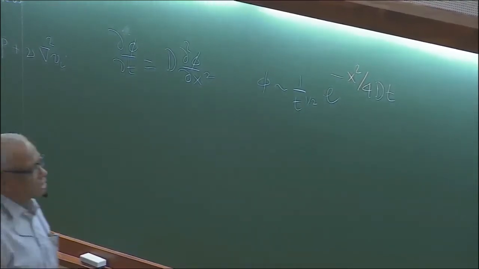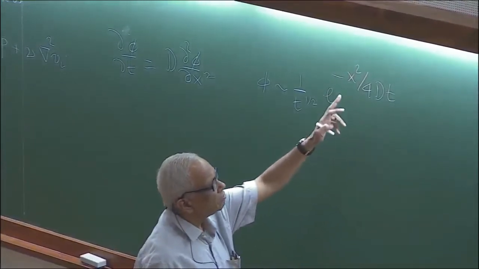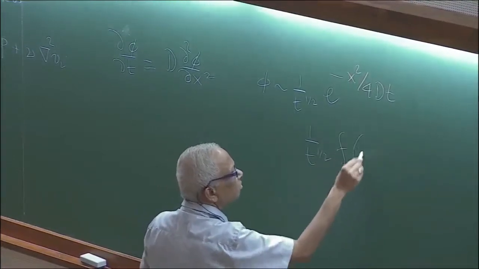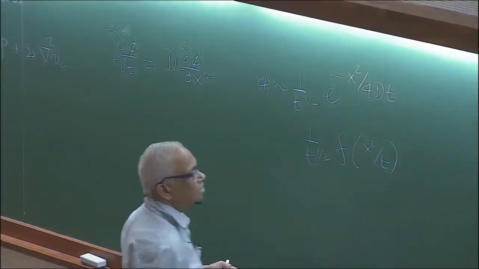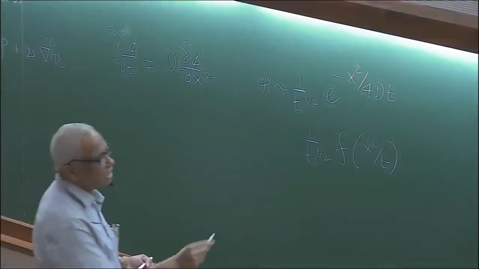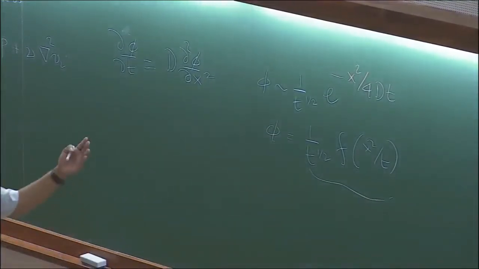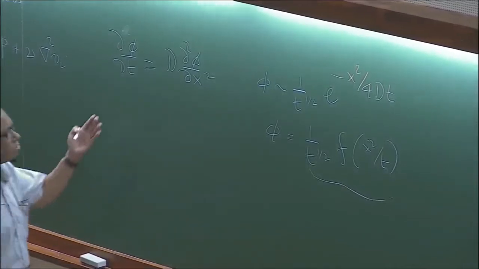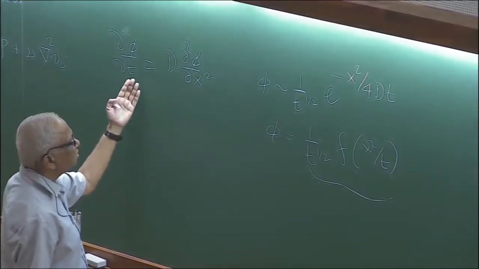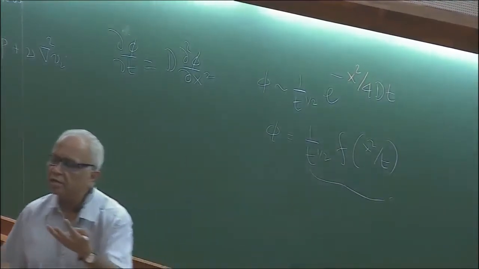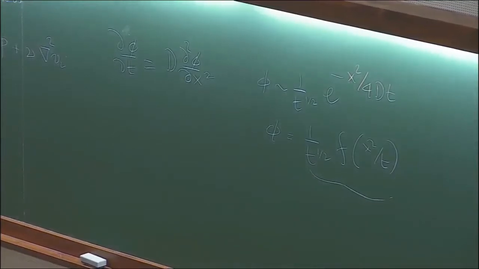And the interesting thing to notice is that it is of the form f of x squared over t. So that's the scaling form of this solution, 1 over t to the power half times f of x squared over t. And the issue is, could I have guessed this combination x squared over t to begin with?